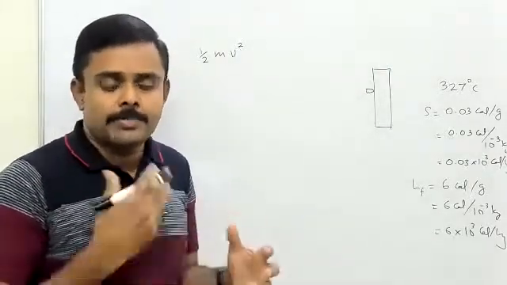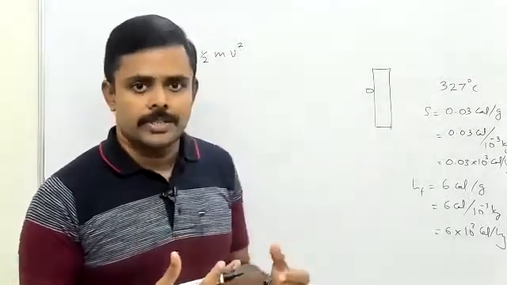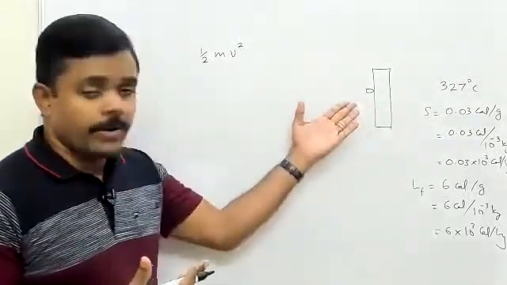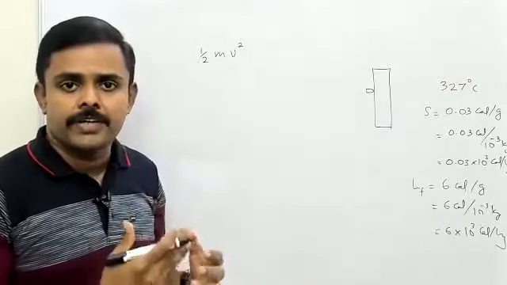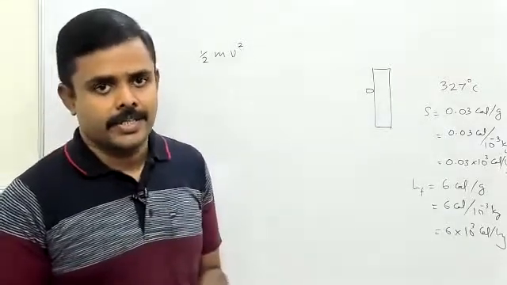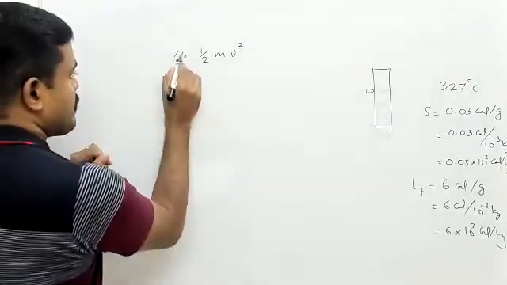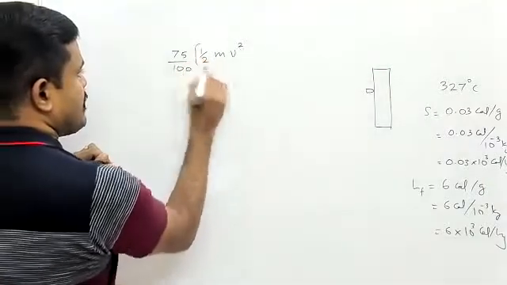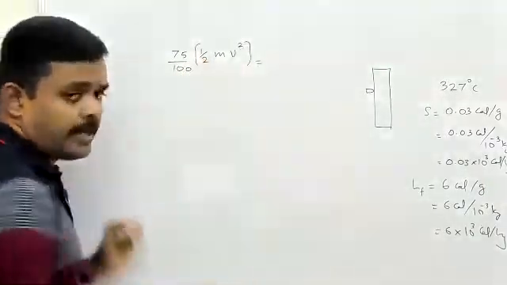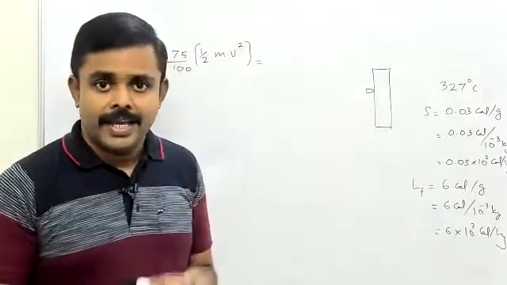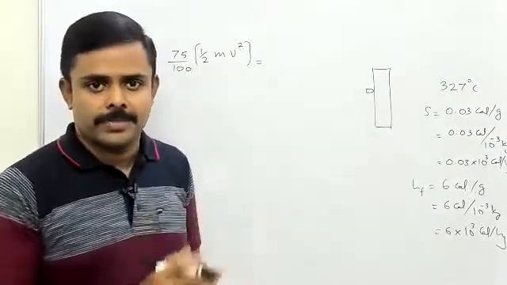The bullet melts because of an increase in temperature. It uses 75% of its kinetic energy. Now 75% means 75 by 100. So 75% of kinetic energy is used for melting the bullet. And the melting process has 2 steps.